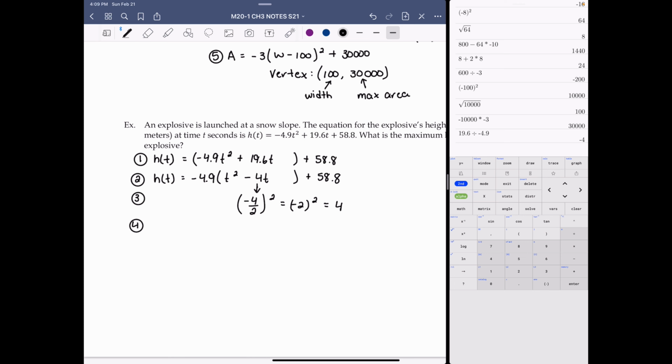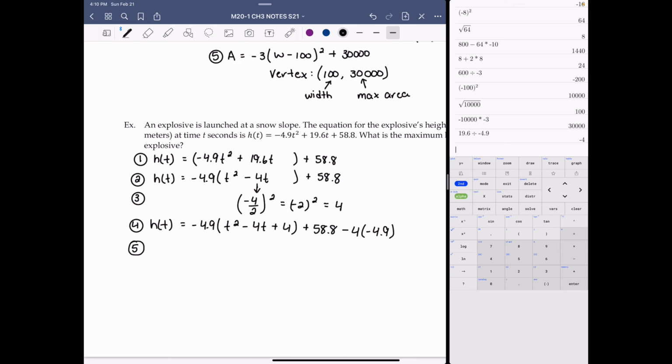Step 4, plug that into our function, -4.9 bracket t squared minus 4t, add 4 inside, close the bracket, plus 58.8, subtract 4 outside, but also multiply it by this coefficient that we factored out, so times -4.9.